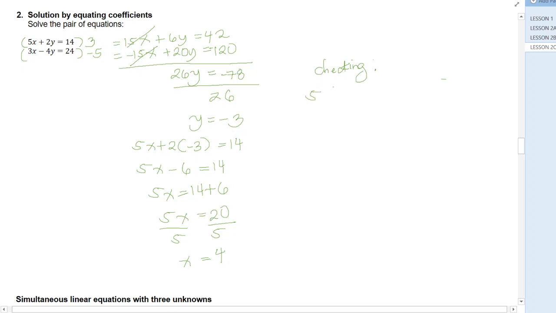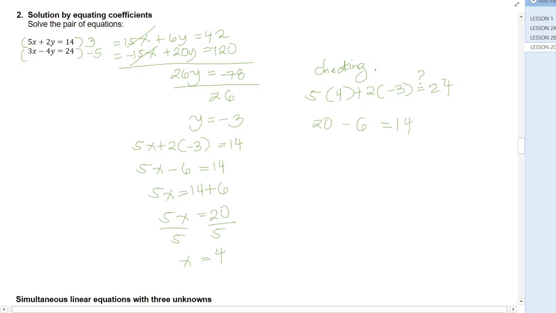Okay, for checking if our values are correct, let us have the first equation. So that is 5 multiplied by 4 plus 2 times negative 3 is equal to 24? Okay, so that is 5 times 4, that is 20, minus 3 times 2, that is negative 6. So that is equal to 14.